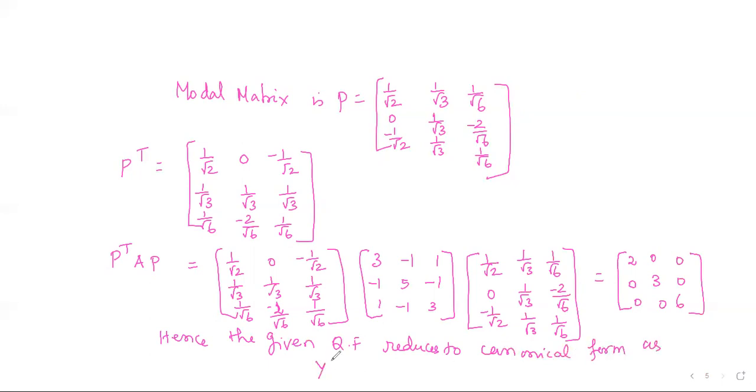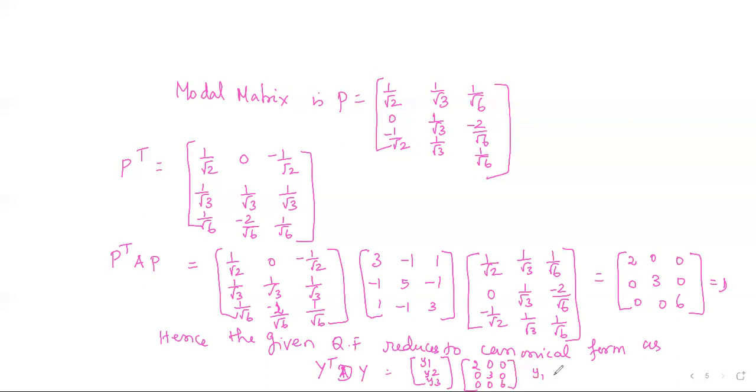So as Y transpose, and you know it is the diagonal elements, so you can write Y transpose DY. So Y transpose you can write y1, y2, y3, and the diagonal matrix you can write 2 0 0, 0 3 0, 0 0 6.